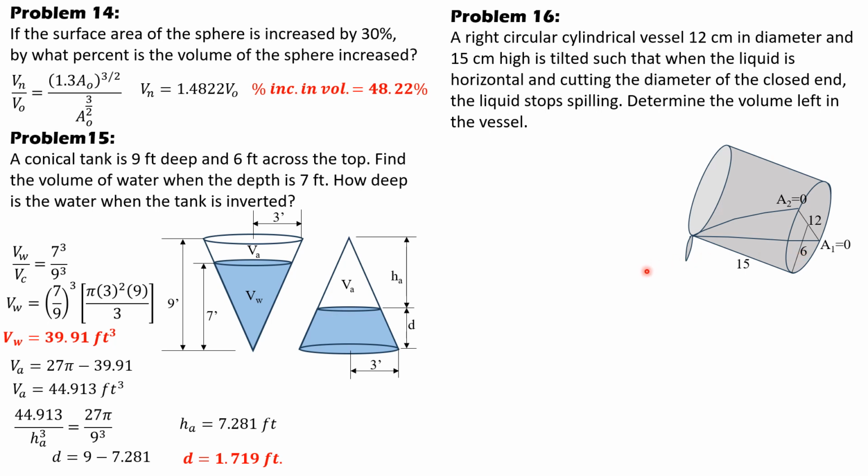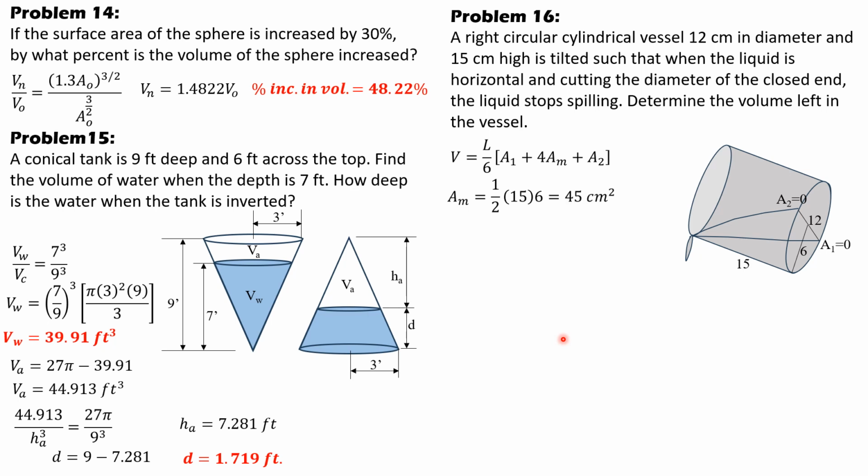So prismoidal formula, volume is L over 6, quantity area 1 plus 4 times area of midsection plus area 2, where L is the distance between end areas, which is 12, area 1, area 2, 0, as already explained there, and area of midsection is 1/2 of 15 times 6.